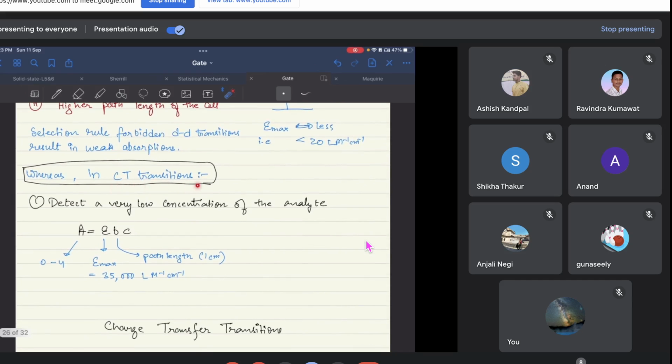However, the CT transition is very detectable even in a low concentration of the analyte, following the Beer-Lambert law, where absorbance is equal to epsilon b c, b is the path length, which is generally 1 centimeter, and c is the concentration. So in the case of CT transition, it is possible to detect even the low concentration because the epsilon value, which is epsilon max, is very high, up to 35,000.